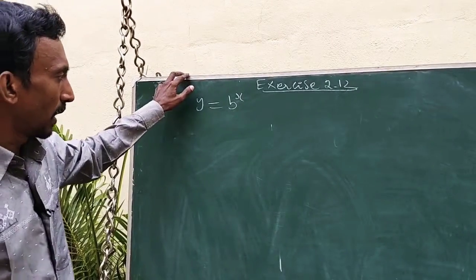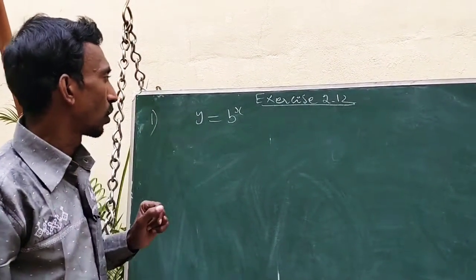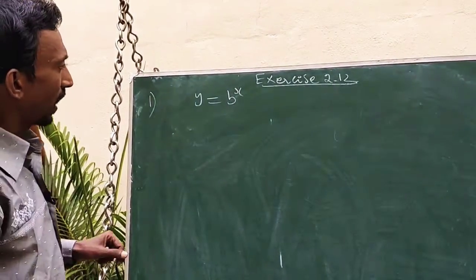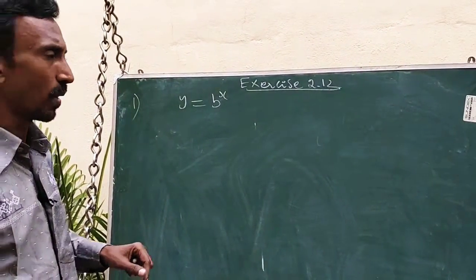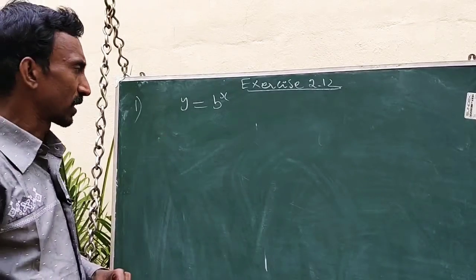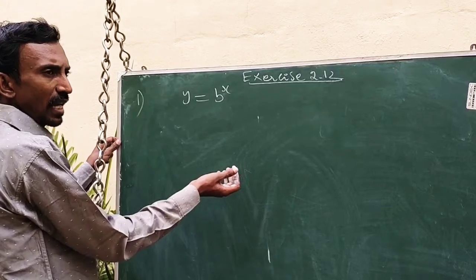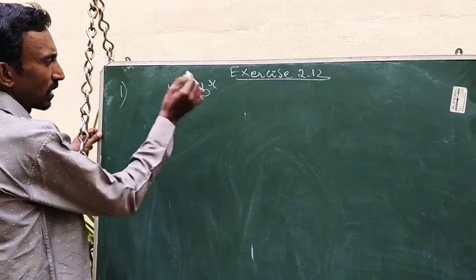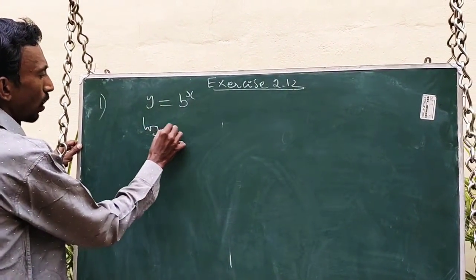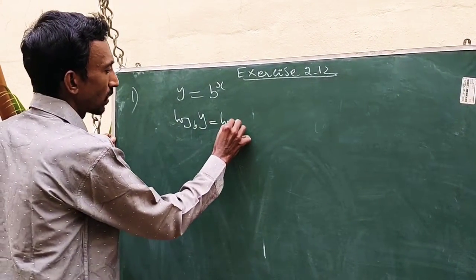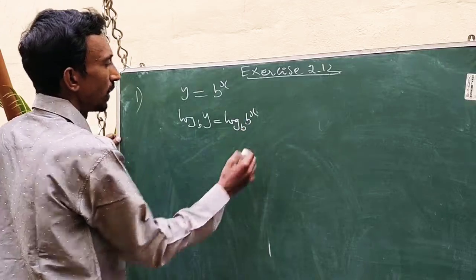Let b be greater than 0 and b not equal to 1. Express y equal to b power x in logarithmic form. Also state the domain and range of the logarithmic function. Simply, to write it in logarithmic form, apply log on both sides with the same base. So log y base b can be written as log b power x base b.